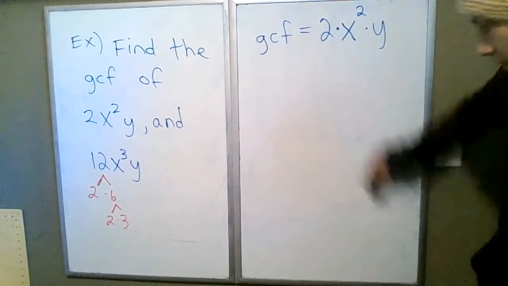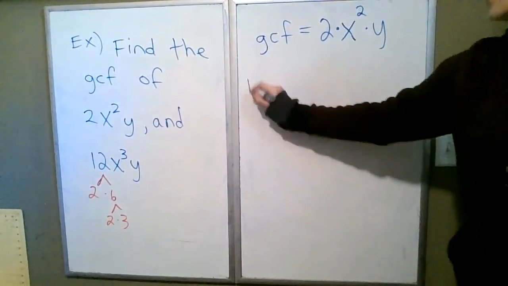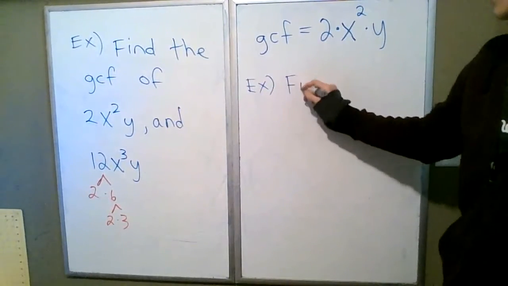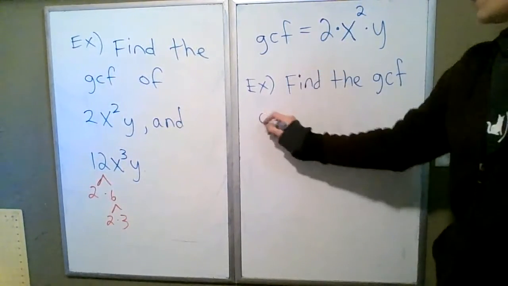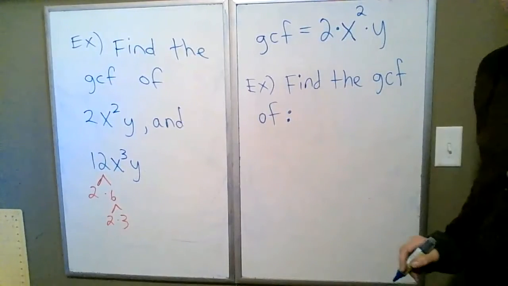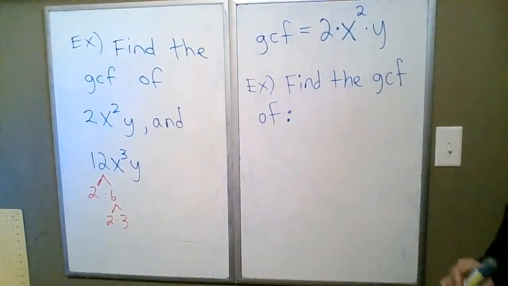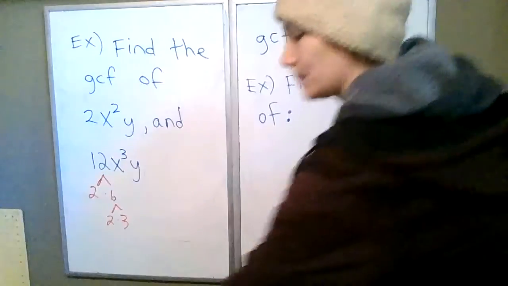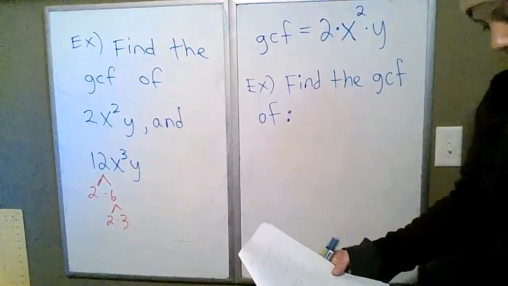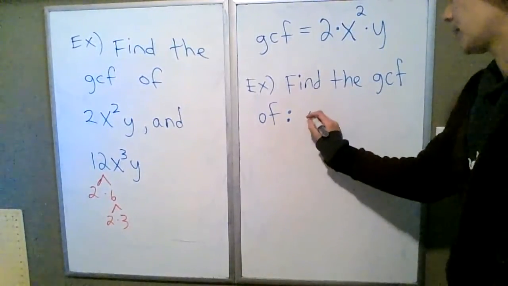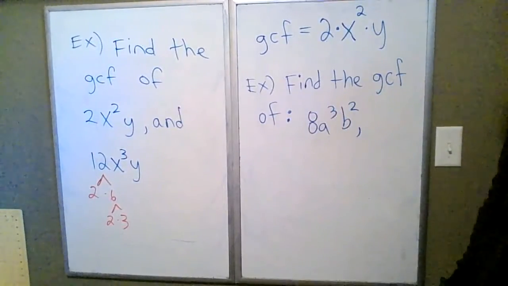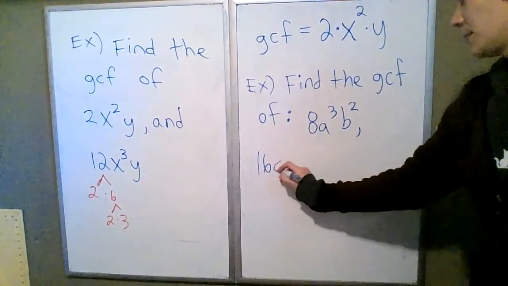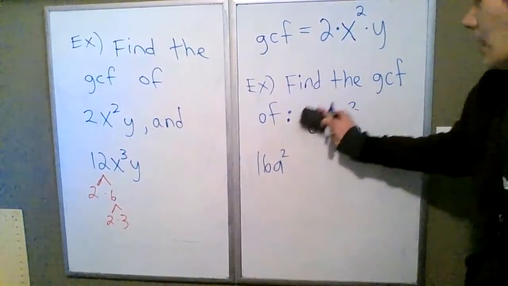All right, let's try 3 terms. Let's go with 8a cubed b squared, 16a squared b cubed. Put these all next to each other.